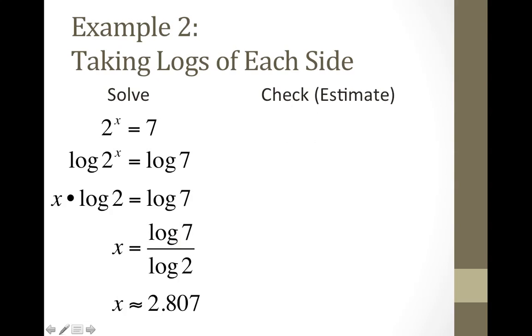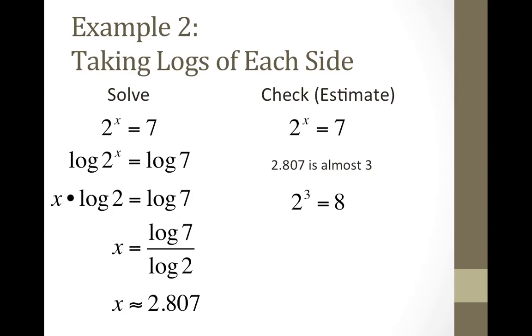If we check this, we're going to do more of an estimate to check because 2.807 is kind of an ugly number to try to use as an exponent. So in our 2 to the x equal to 7, we're going to use a 3 because if I round 2.8 up, it would be close to 3.